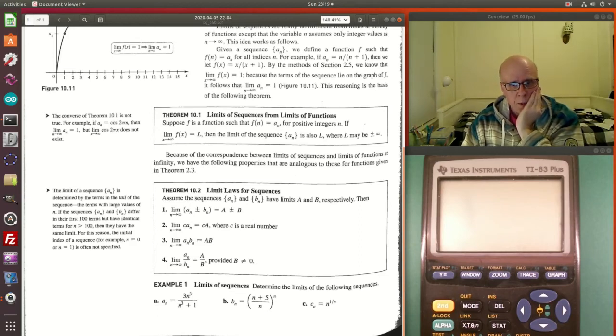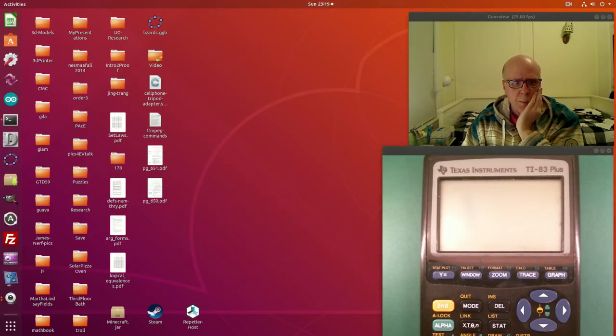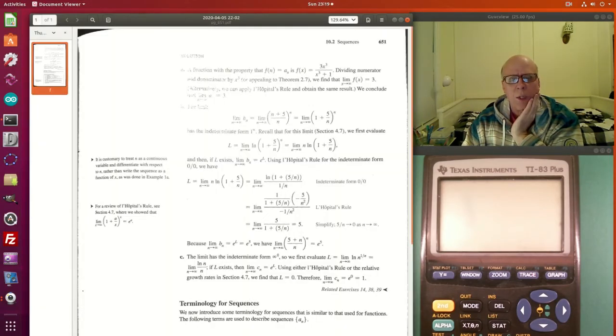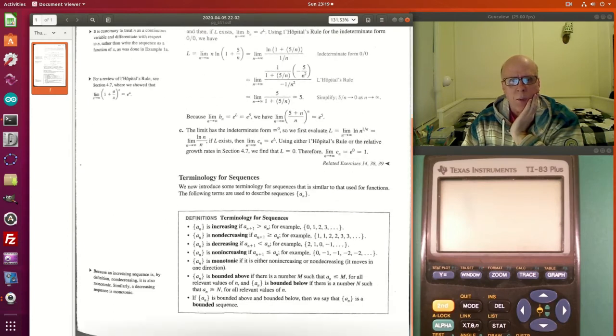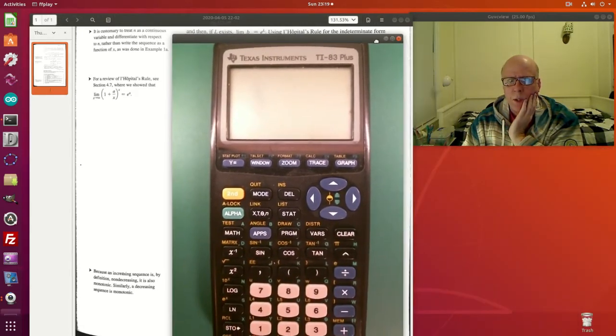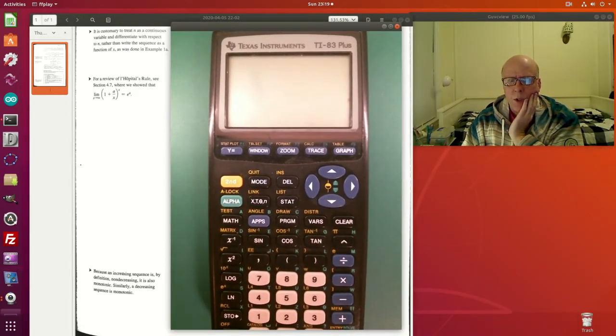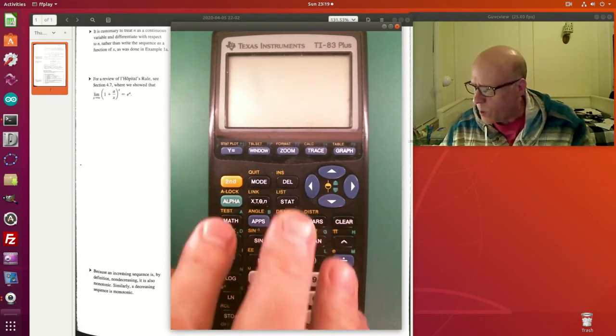That's in the box there. There's also another scan that includes some terminology about sequences, which I want to come back to in a second. But first, I want to use the calculator to show us something about that last sequence we dealt with.